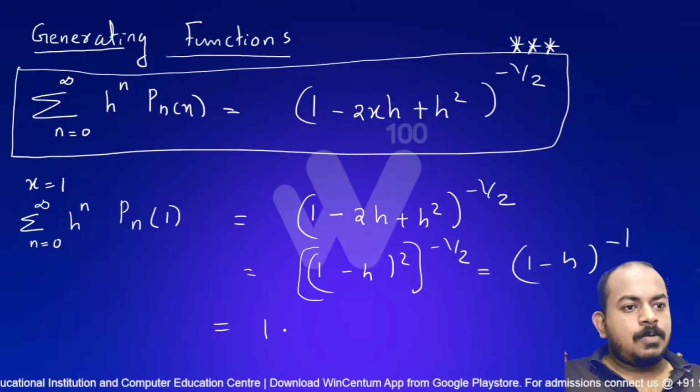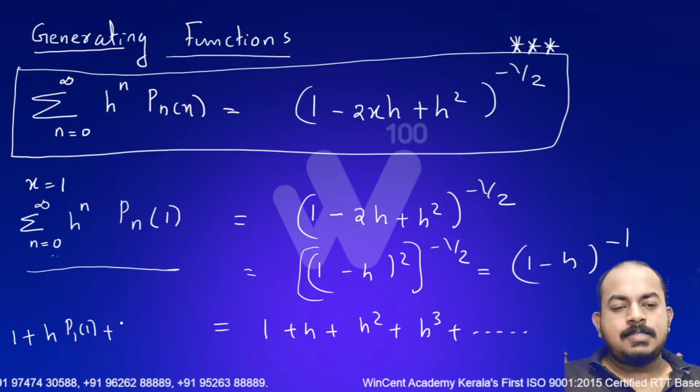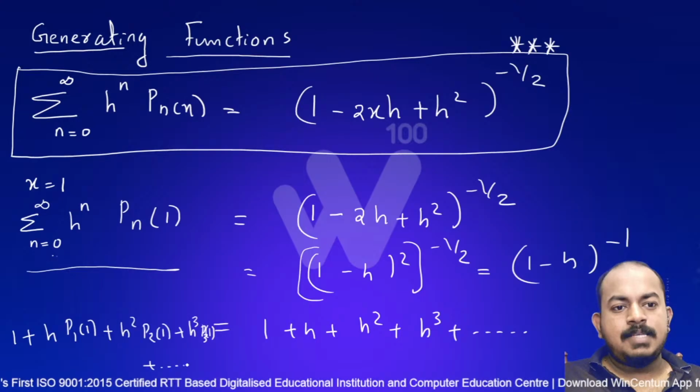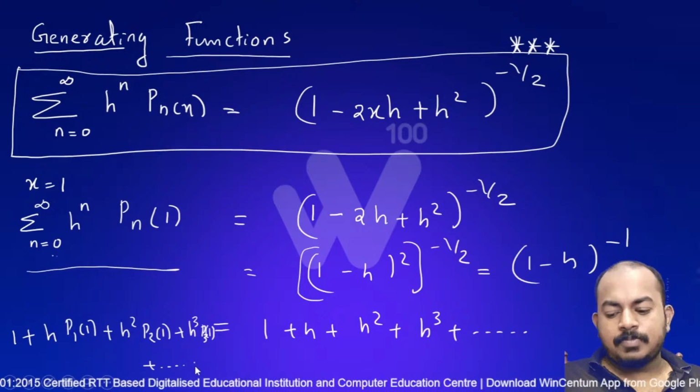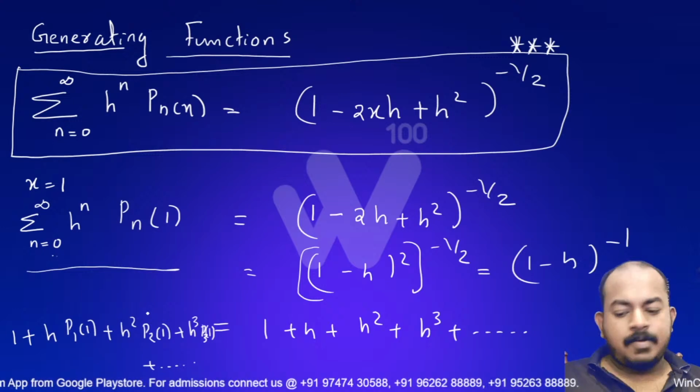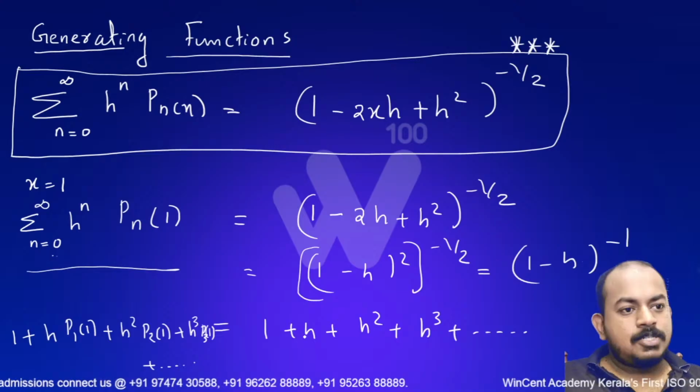We will get 1 plus h times P1 of 1 plus h square P2 of 1 plus h cube P3 of 1 plus etc. Here the coefficient of h raised to n is the Legendre's polynomial of order n. So we got Pn of 1 equal to 1.